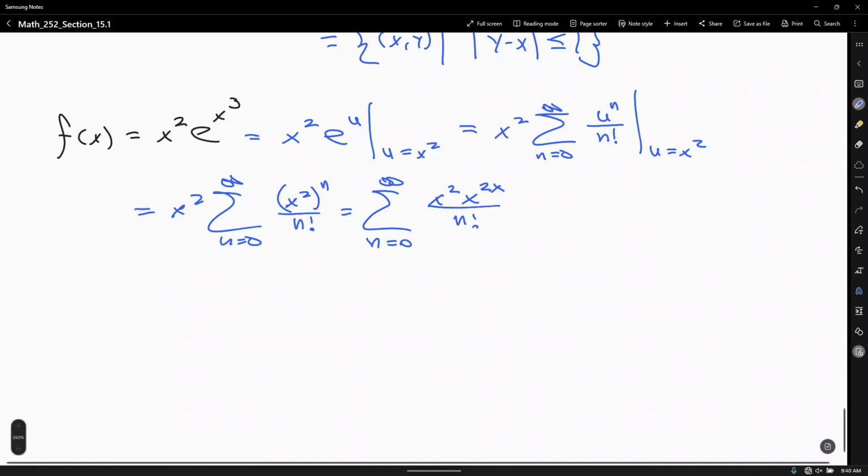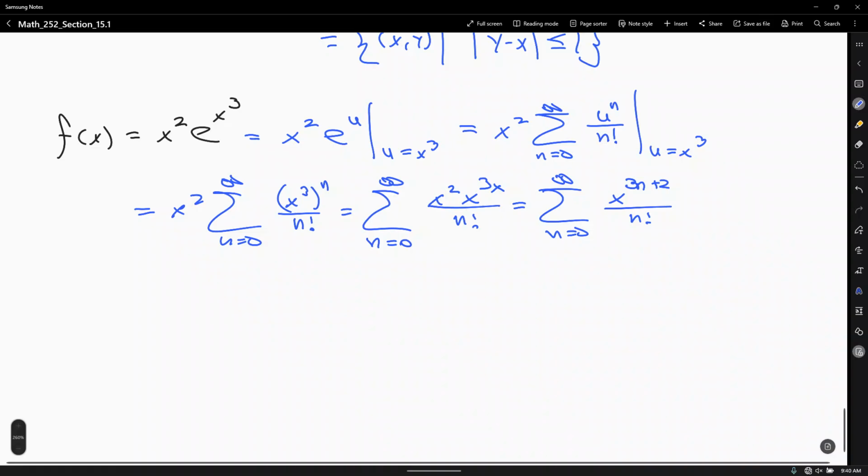Then just use laws of exponents: sigma n equals 0 to infinity, x to the 3n plus 2 over n factorial. That's what we did in Calculus 2. So rather than taking too many derivatives, just use a substitution for the composition, for the series back substitute, and put everything together.